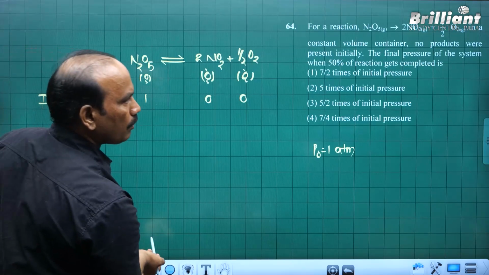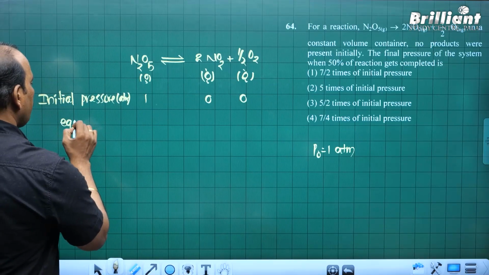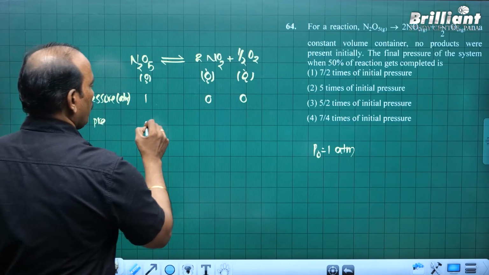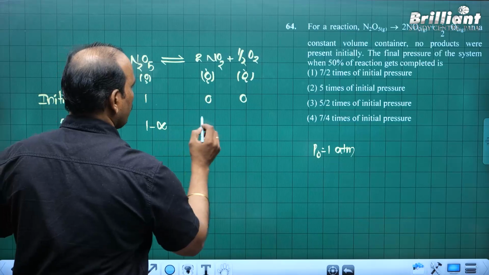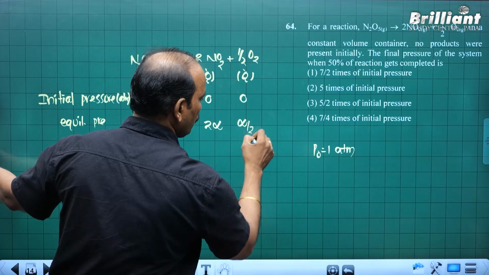Clear? Now the equilibrium pressures are 1 minus alpha, 2 alpha, and alpha by 2.